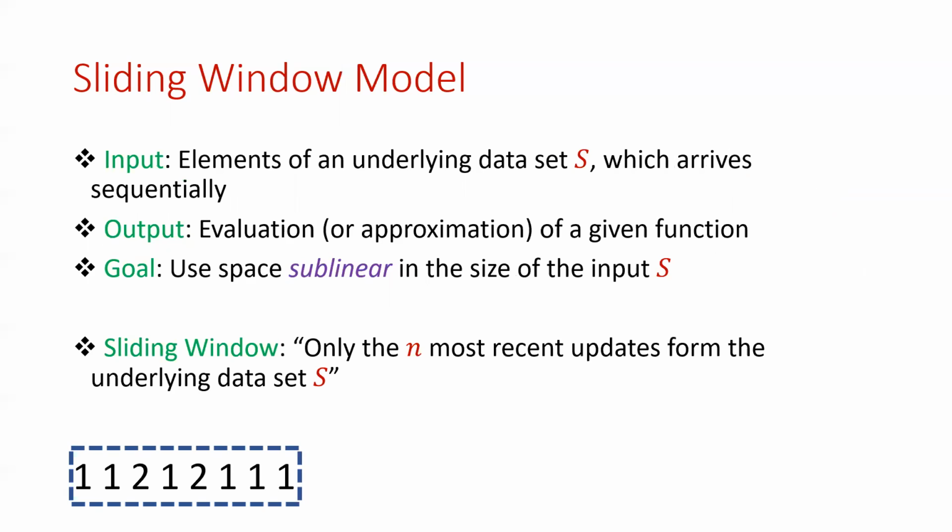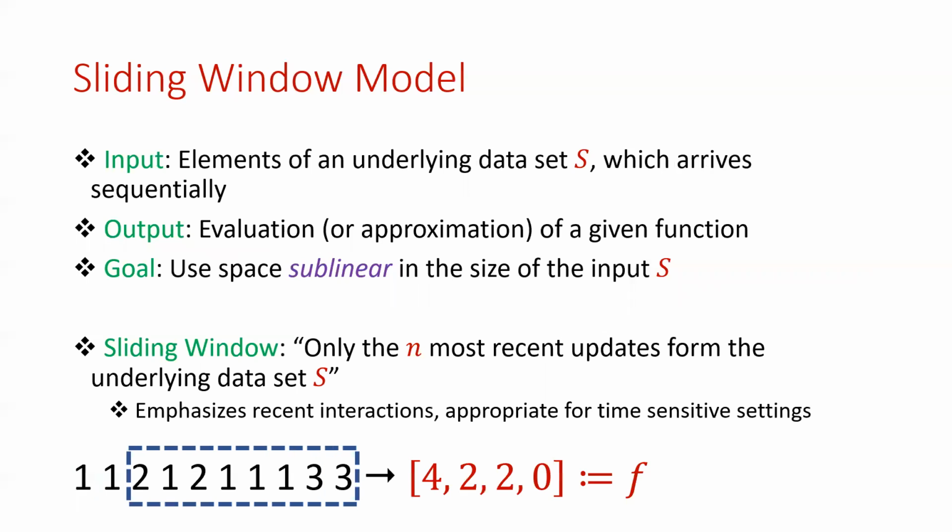We'll also consider the sliding window model, where again, the input is elements of an underlying dataset S, but now only the n most recent updates form the underlying dataset S. And we still want to sample from S using space sublinear in the size of the input. For example, if we only care about the last 8 updates, then as we receive more and more updates, the old updates will expire.